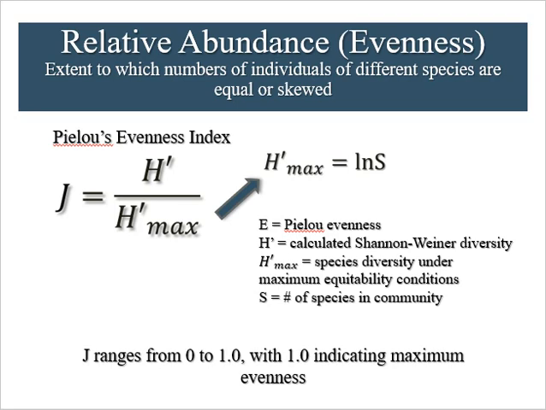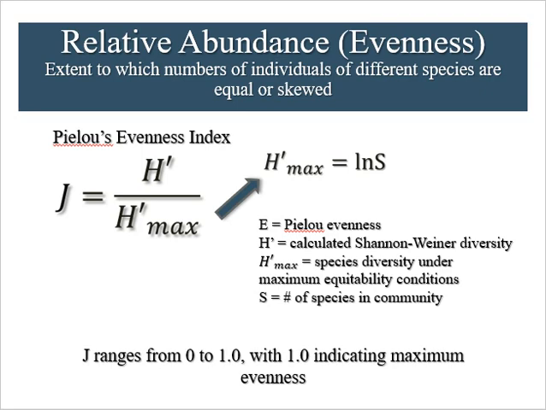So evenness is a measurement of equitability among the species numbers or individual numbers among species in the community. And to calculate relative abundance and more specifically evenness, we use an index called the Pielou Evenness Index.